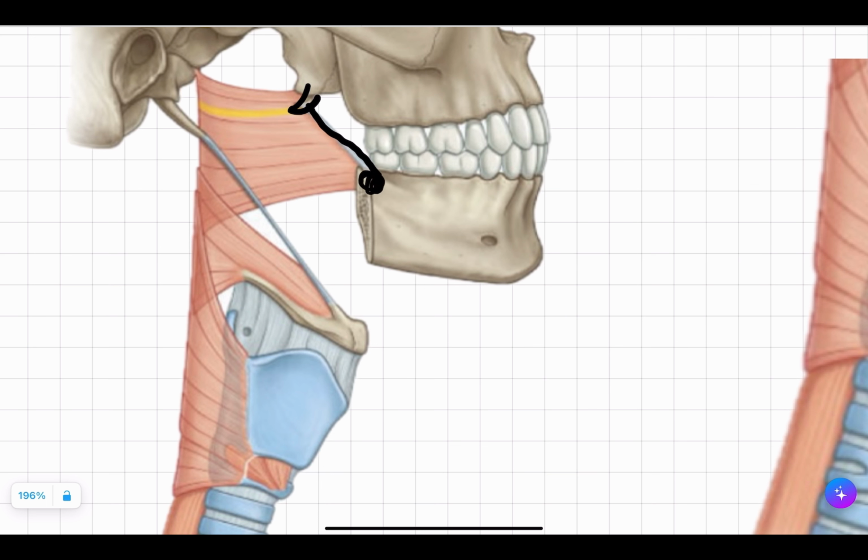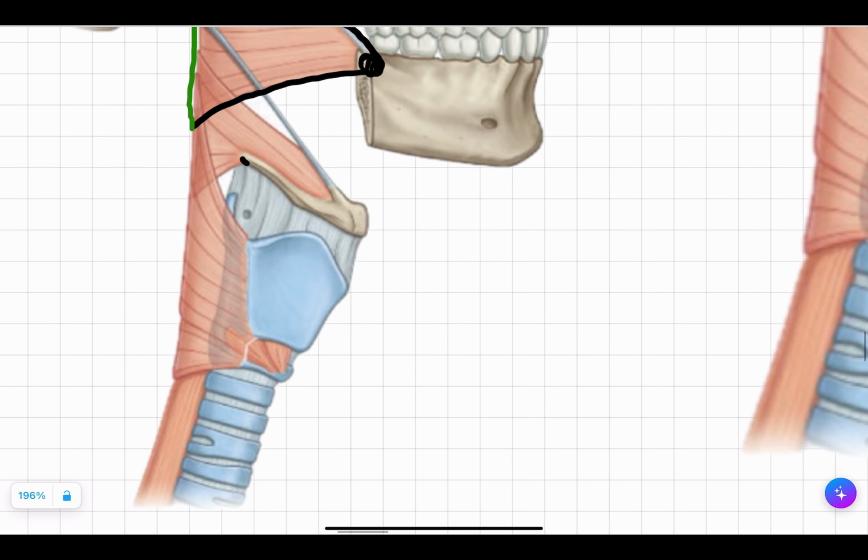From three parts originating, going posteriorly, inserting onto what? Median raphe. Similarly, the middle constrictor originates from the greater horn, lesser horn, and the stylohyoid ligament. Originates here, goes posteriorly, inserting onto what? Inserting onto the median raphe.